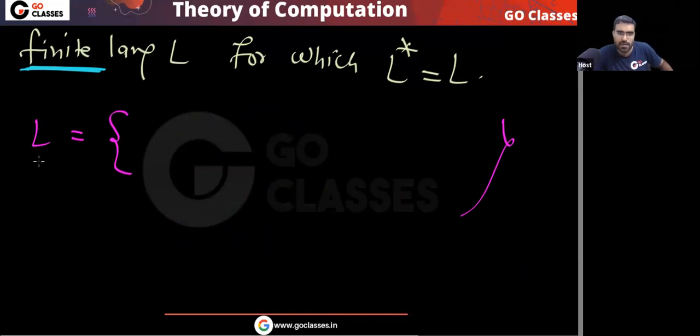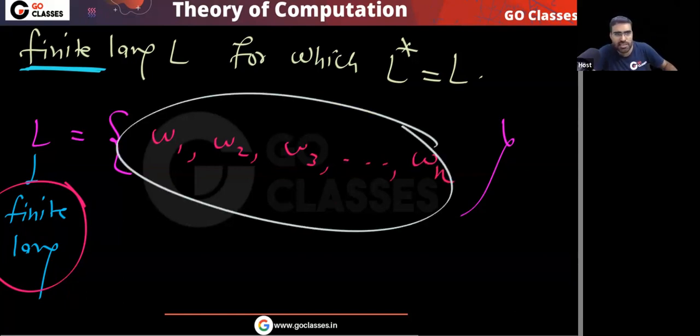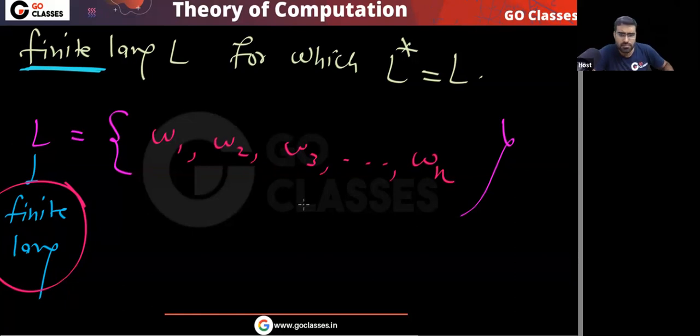Let's assume this is a finite language, like W1, W2, W3, Wn. Can I say there is a string with maximum length? In a finite language, there is a string with maximum length.